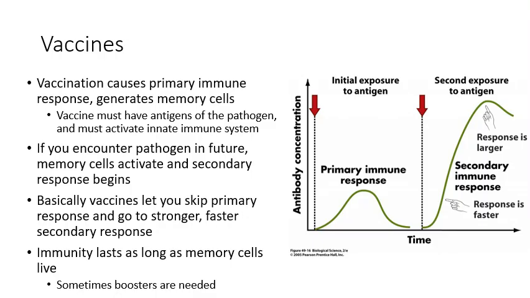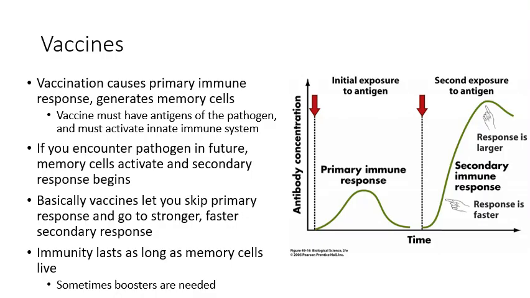That way, you can go through the whole process of having a macrophage or a dendritic cell show the antigen to a helper T cell and activate it, and then activate the killer Ts and the B cells. So the vaccine needs at least an antigen from the pathogen and the ability to activate the innate immune system.